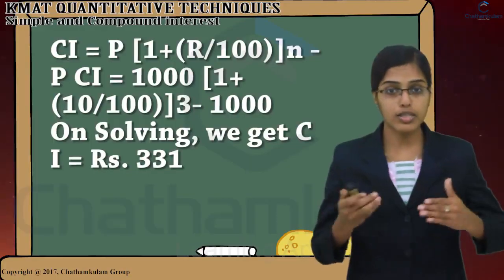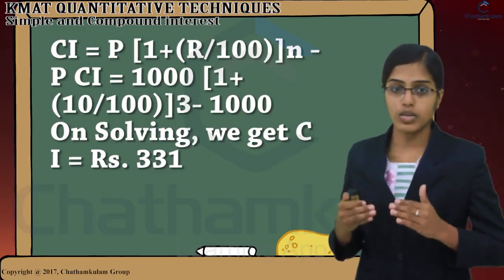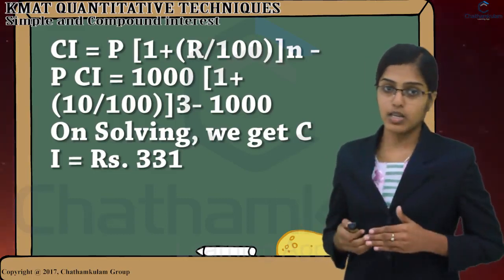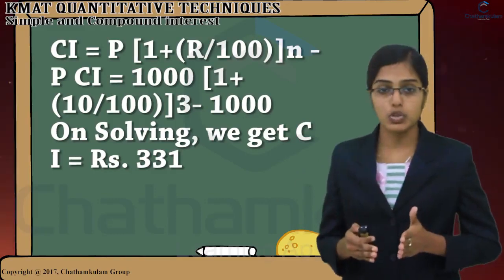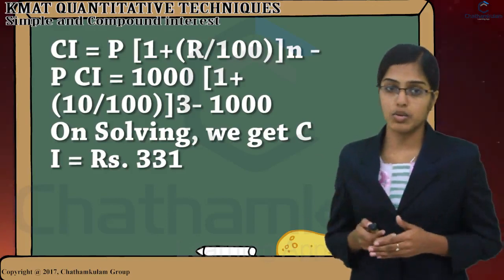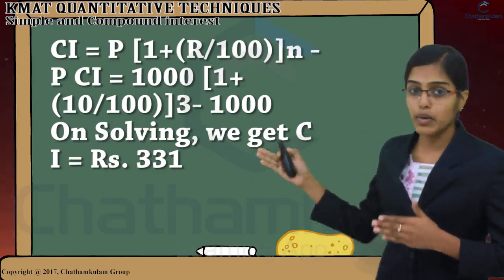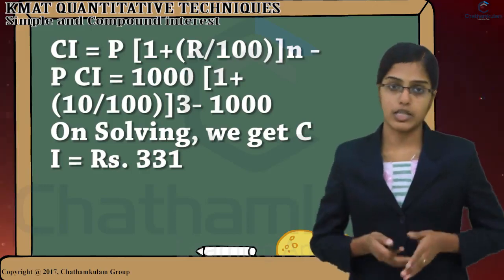So compound interest that is equal to P into 1 plus R by 100 whole raised to N minus P. So compound interest that is equal to 1000 into 1 plus 10 by 100 whole cube minus 1000. On solving, we get compound interest is equal to rupees 331.